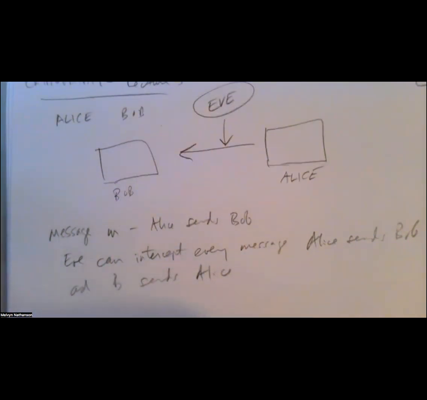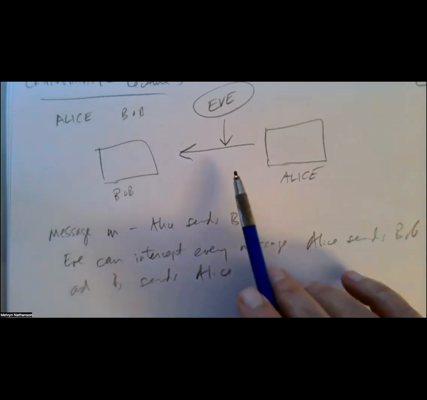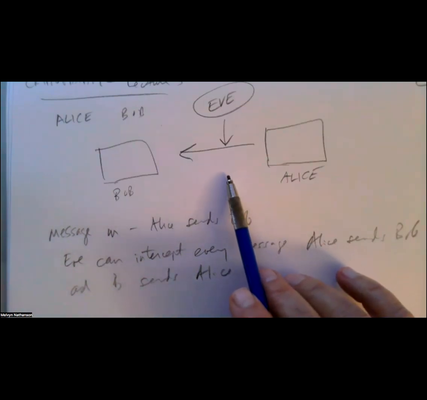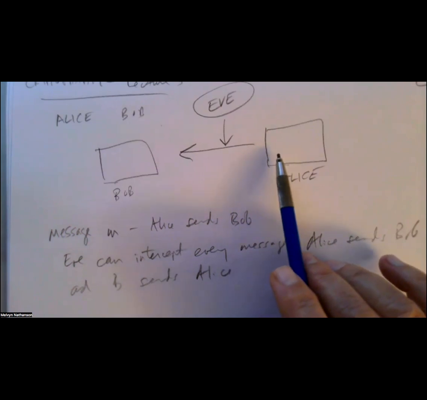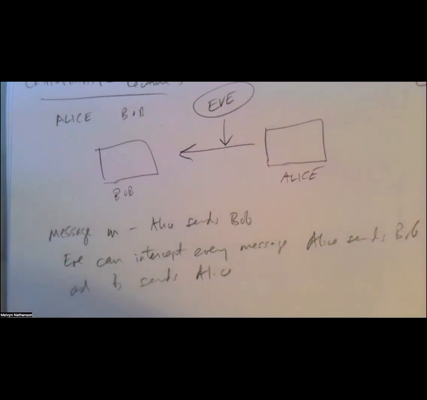So if the message is attack at dawn, and you don't want Eve to know when you're going to attack, you can't just send the message attack at dawn. You have to encrypt it or encode it.